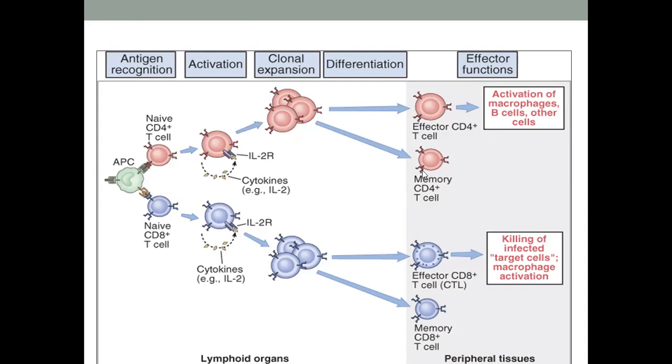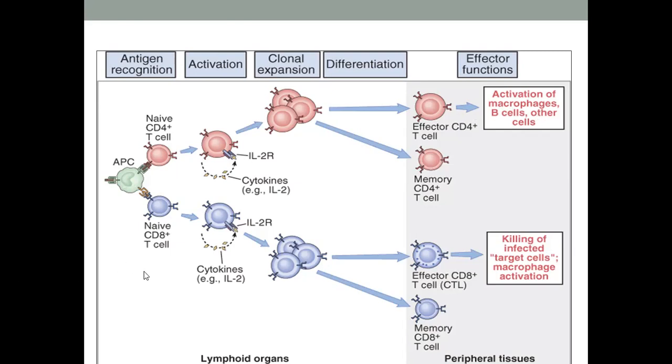A very important function of this adaptive response, the activation of T cells, is the generation of memory cells. Finally, the activation leads to activation of the macrophages, the B cells and other cells. We have already discussed the functions of the T cells. So this is the effector function of the CD4 cells.